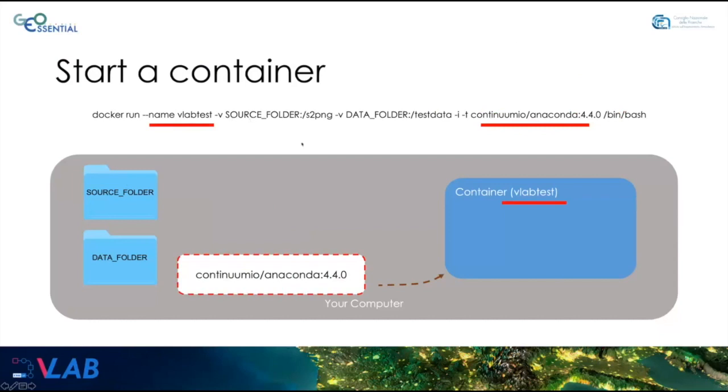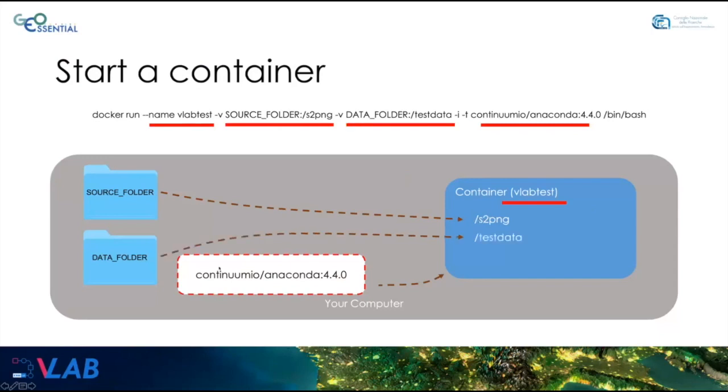In addition, this command will link the source folder, where you have your own scripts, to a folder inside the Docker named /s2png, and the same will be for the data folder, /testdata.